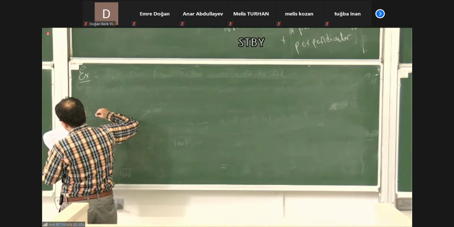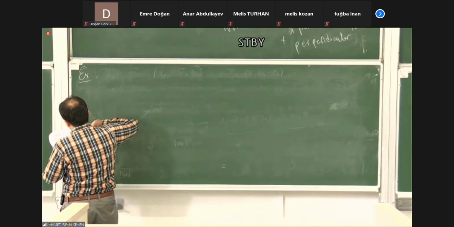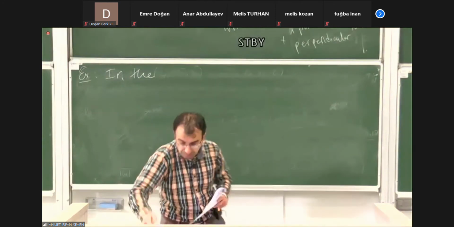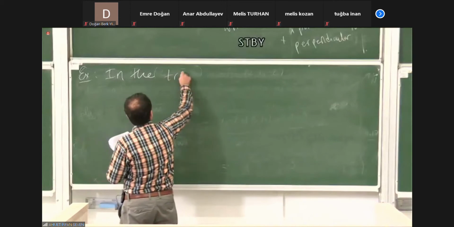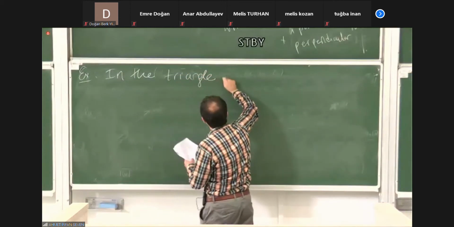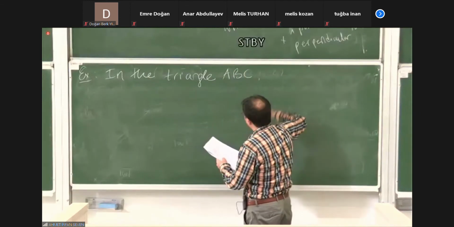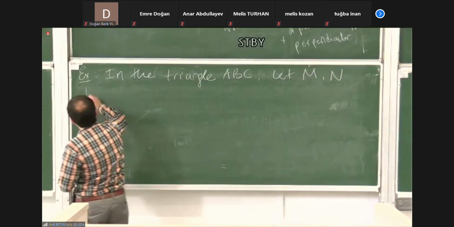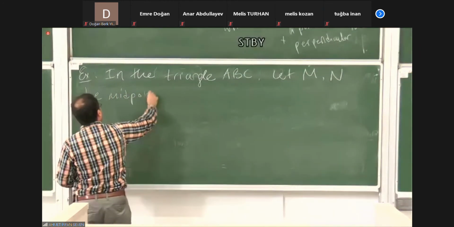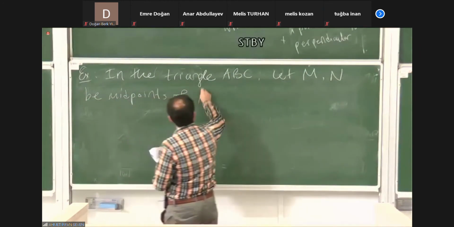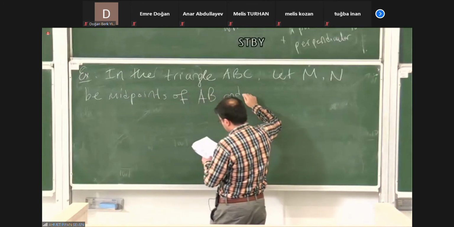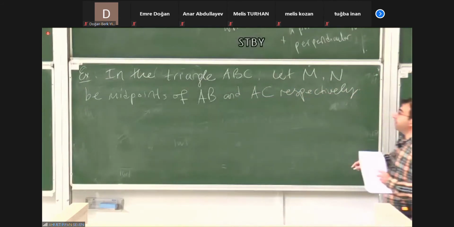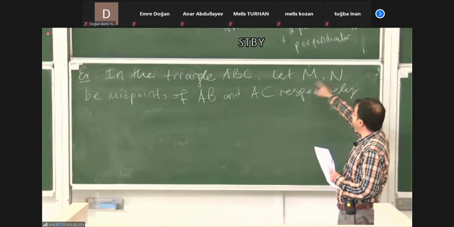Let's say that we have a triangle ABC. Let M and N be midpoints of these segments AB and AC, respectively, meaning that M is the midpoint of AB, N is the midpoint of AC.